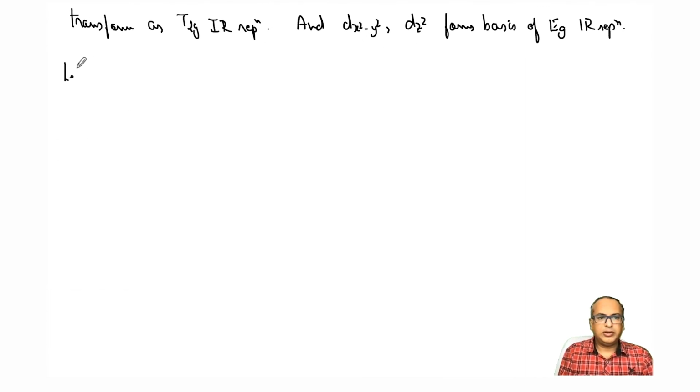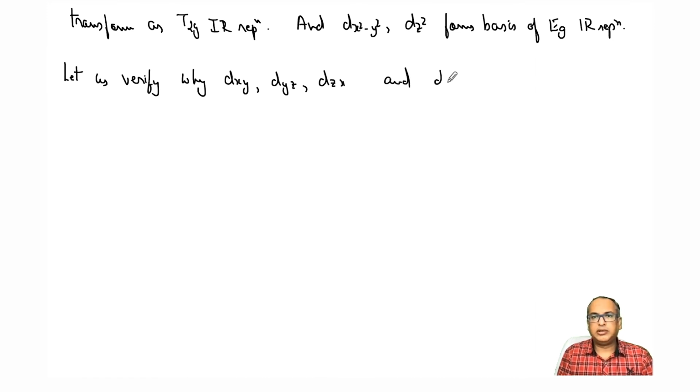So let us verify why dxy, dyz, dzx and dx square minus y square, dz square would pair together. So this can be easily verified.